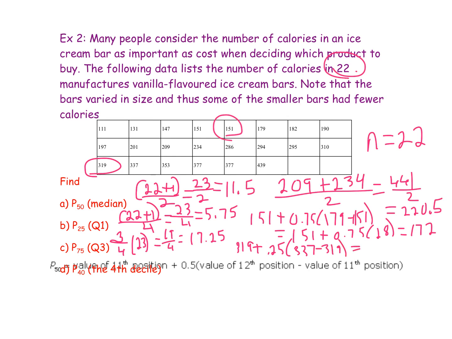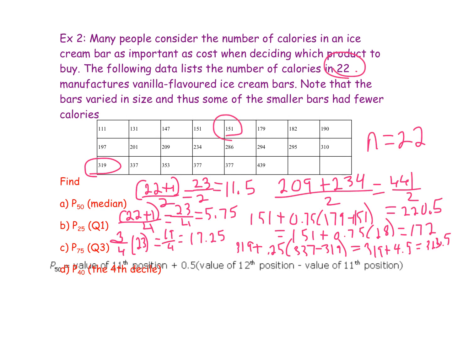All right, so that's 319 plus 0.25 times 18, so 1/4 of 18. 4.5 times 0.25, so that's going to be 319 plus 4.5, I think, and that ends up being 323.5 for Q3. Okay, I'm doing these calculations in my head. I may have gotten the decimal wrong there.